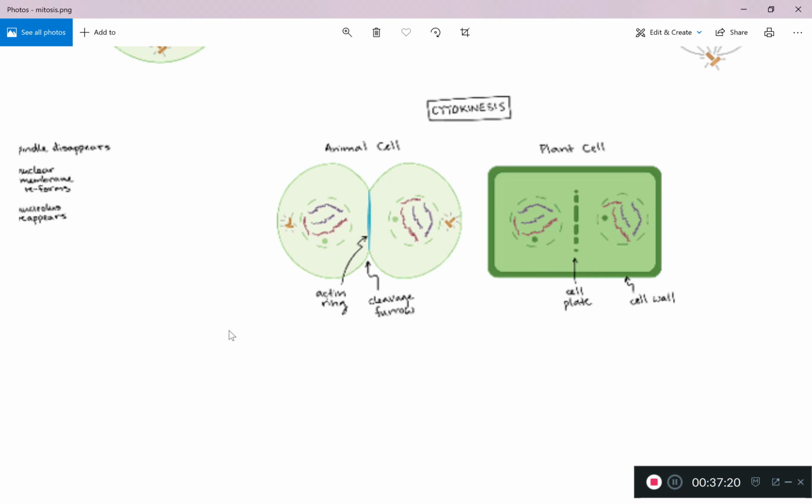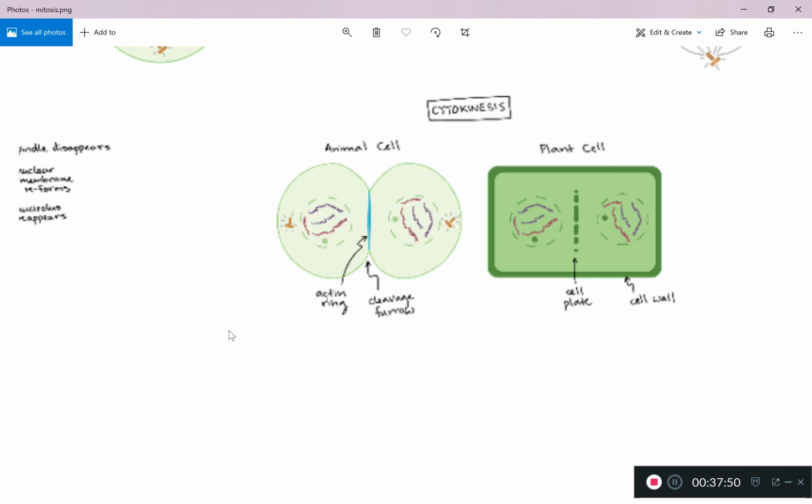It's like if you put your hands together to make one big ball, but then you curl in your fingers to start making a fist on each hand, that is you forming a cleavage furrow. And then eventually the plasma membranes will pinch off, and then you have two separate cells.